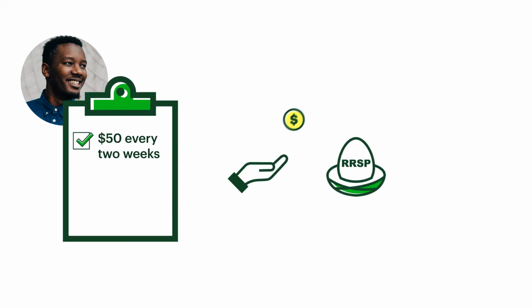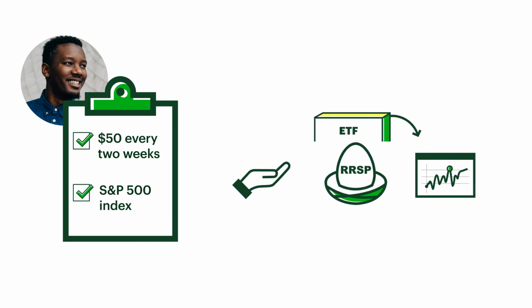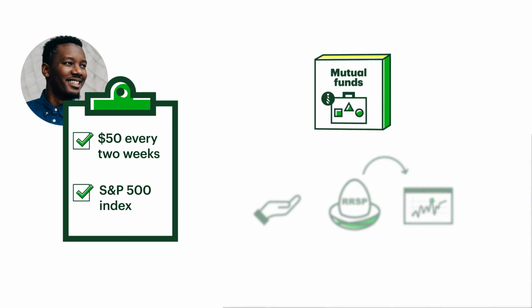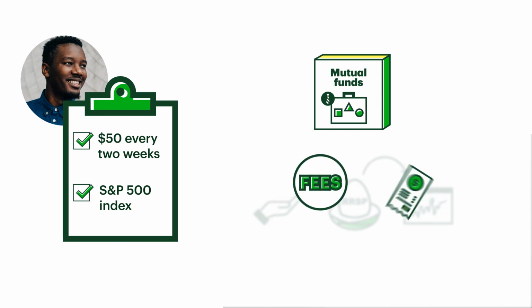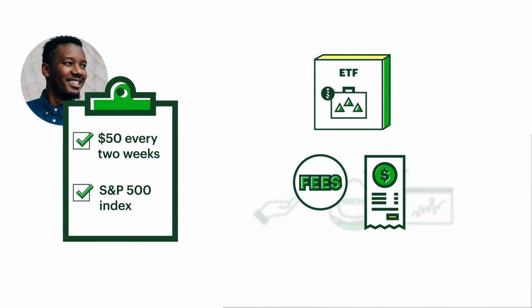Ken is starting to invest for retirement. He'll be contributing $50 every 2 weeks to his RRSP. And he wants to invest that money into a managed fund that follows the S&P 500 index. Should he choose an ETF or mutual fund? If you recall from earlier, fees and transaction costs can be very impactful when investing a small amount at a time.